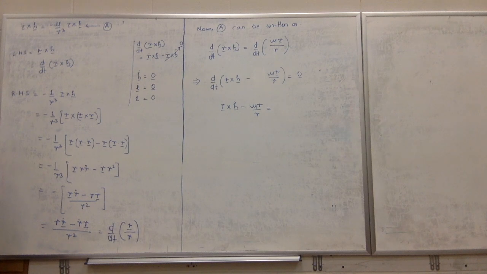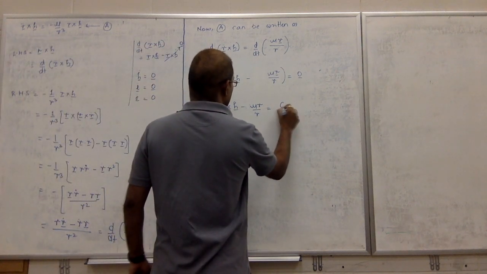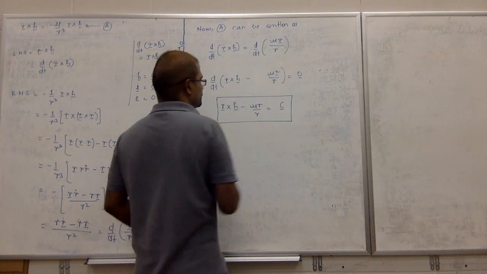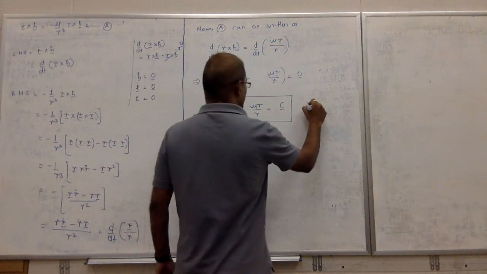Joshua? If the derivative of something is 0, what is that something? Okay, it's a constant. I name that constant. This is part A of the derivation.